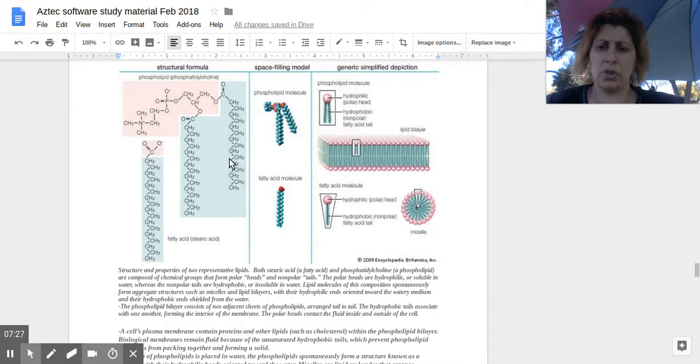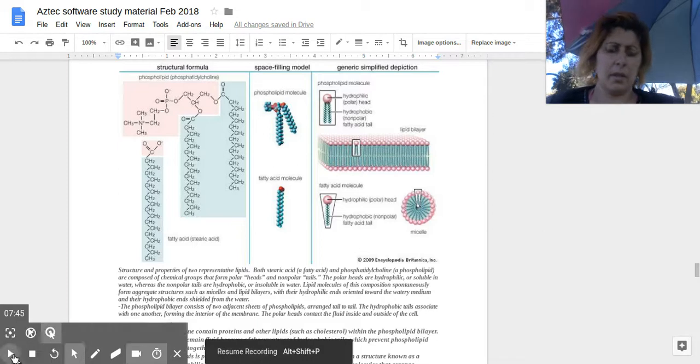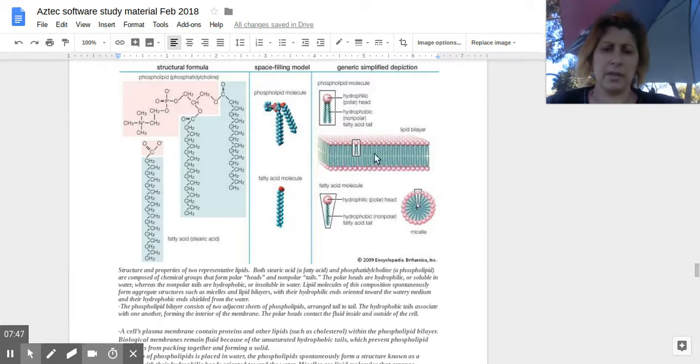There are two of the same molecule attached to the rest of the phospholipid, the glycerol backbone, phosphate group, and the alcohol modification. So the bilayer looks like this with the hydrophilic heads and hydrophobic tails. And this is a micelle showing how a cell would be made with this kind of amphipathic molecule.